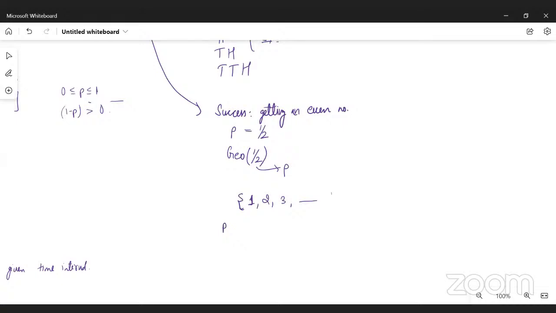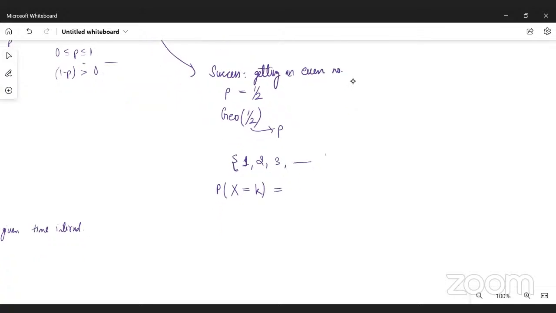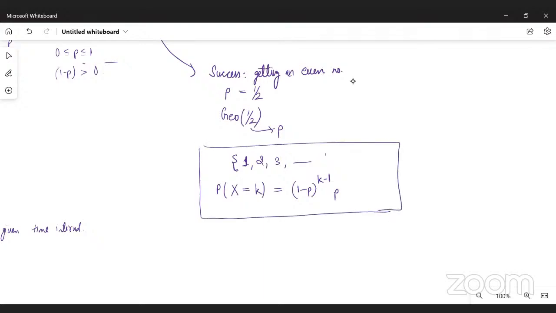So what is the probability that you will get the first success on the kth trial? (1 minus p) to the power k minus 1, into p. Ma'am, what is this? This is the PMF of the geometric p distribution.